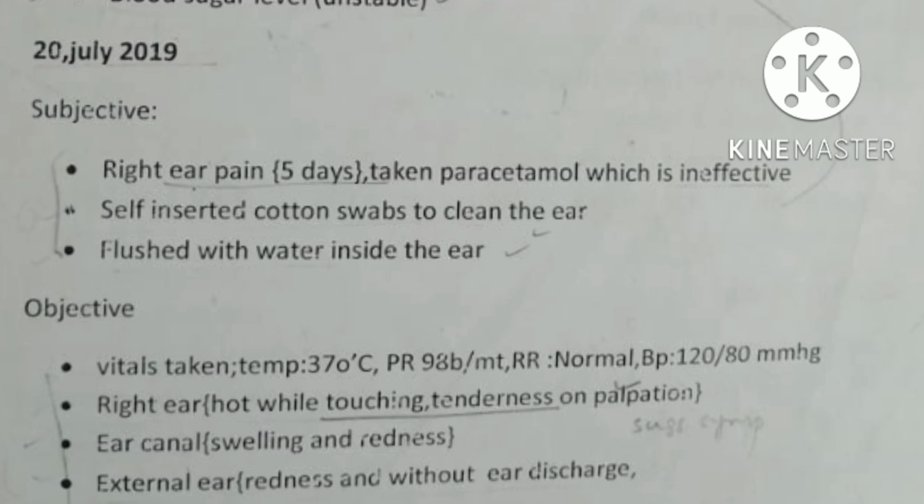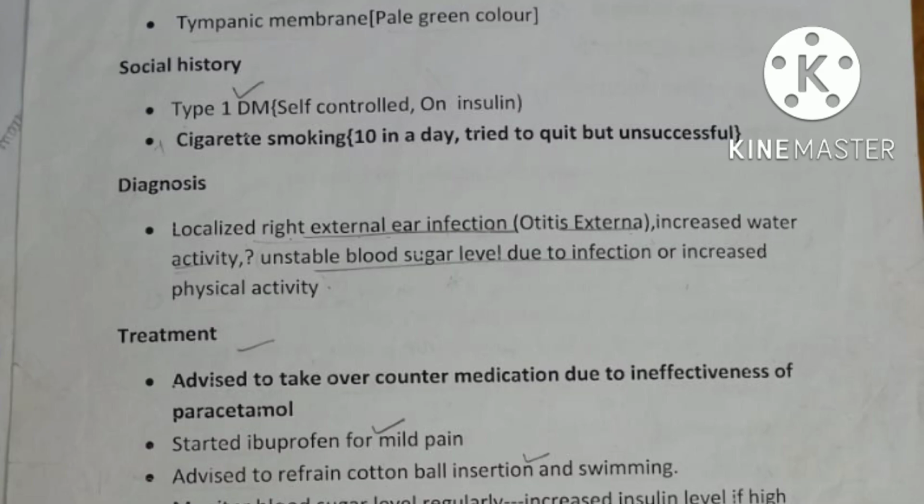Then objective: vitals taken, temperature is 37, respiratory rate normal, everything is normal. Right ear is hot to touch, with tenderness on palpation. Ear canal swelling and redness. External ear redness and without ear discharge. These are the observed symptoms we can see. Another thing, tympanic membrane pale green color.